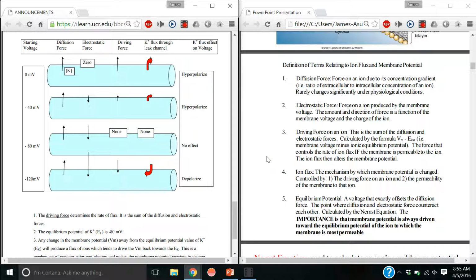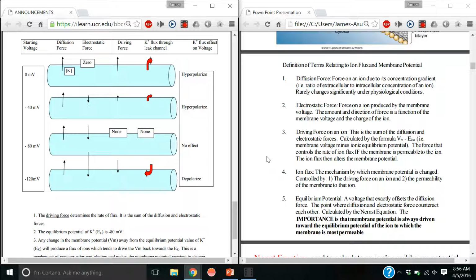One of the important points of confusion for students is that the amount of potassium that would need to leave the neuron to change the membrane potential from 0 to minus 40 is so small that it's not going to appreciably change the concentration. The cellular concentration of potassium is still going to be very, very close to 100 millimoles. It'd be like 99.999999. Okay, trivial loss of potassium.